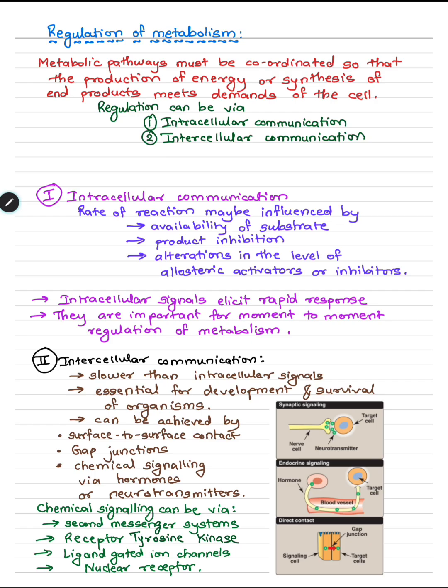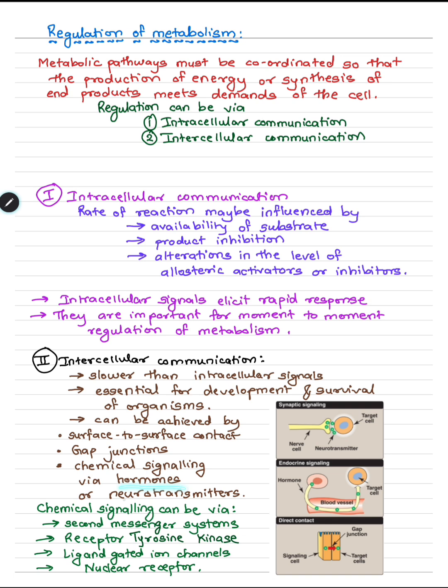This can be achieved by direct surface-to-surface contact, or by gap junctions, where the cytoplasm of the adjacent cells is in direct communication with each other, or by chemical signaling through hormones, neurotransmitters, or autocoids, paracrine signaling or autocrine signaling.